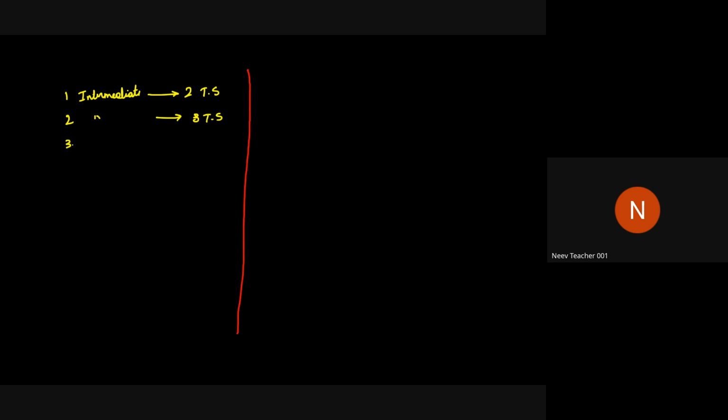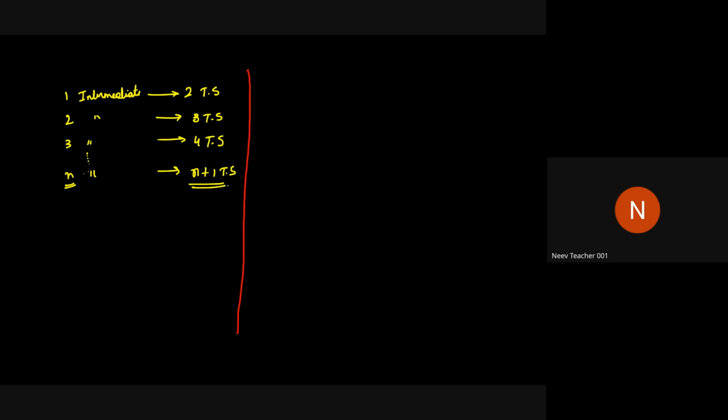If there are three intermediates, there will be four transition states. If there are n intermediates, how many transition states will there be? N plus 1. If there are n intermediates, there will be n plus one transition states.